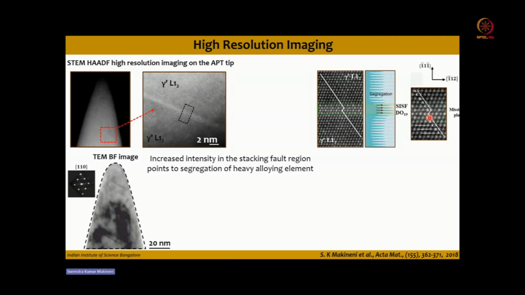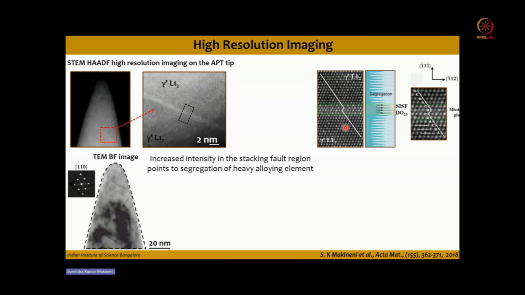And this missing A plane shows that this is an intrinsic fault and it is in the L12 unit cell. That's why these are called superlattice intrinsic stacking faults, which is SISF. And the structure of SISF is called D019, which is an HCP based structure and is coherent with the L12 surrounding unit cell.